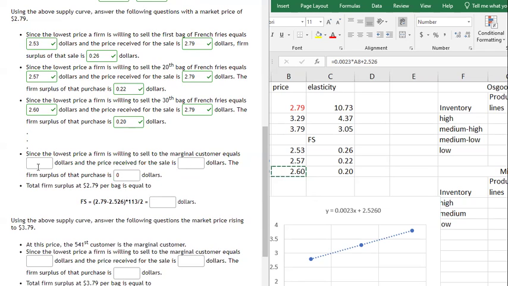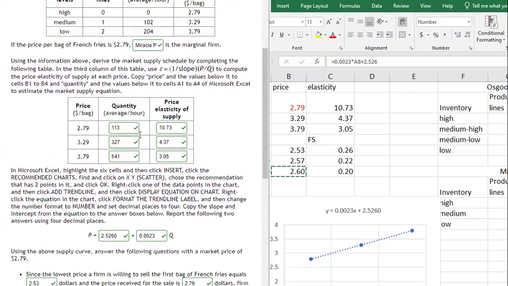And for that to happen with a market price of $2.79, the firm must be willing to sell that last item only if the price is equal to $2.79. So at this last unit, the firm is willing to sell the product at the market price or higher, right? And the market price is $2.79. So their surplus is zero at that point.